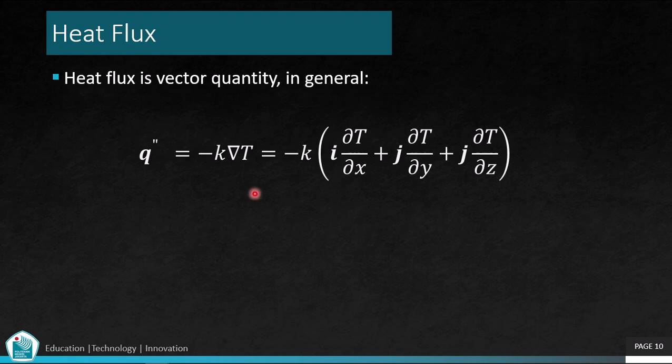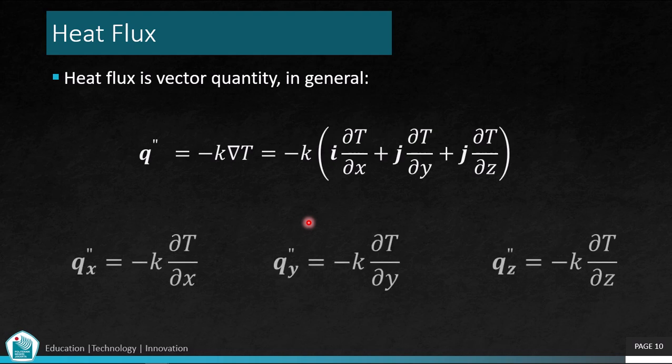So finally, if we separate into the vector in each direction of the Cartesian coordinates, we will have the heat flux in the x direction equal to minus k ∂T over ∂x. Sorry, this is a round d.